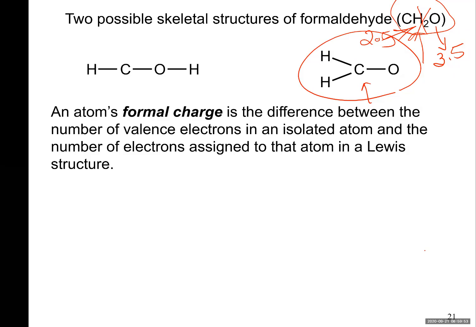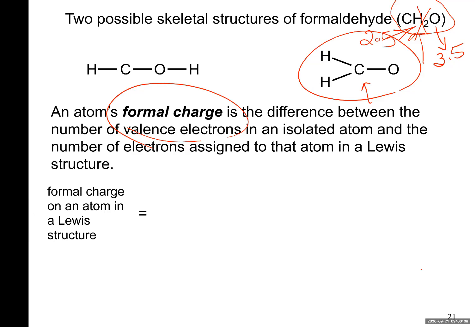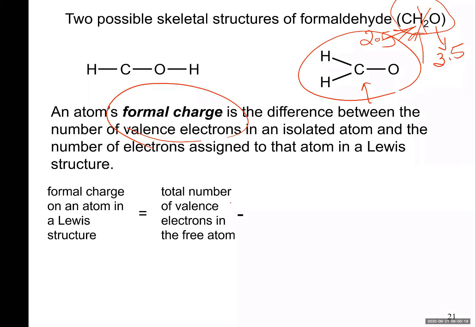Well, I'm going to define a rule which is called formal charge rule. I give you a formula. For every atom inside the molecule, we can calculate a charge. That charge is called formal charge. How do we do that? In order to calculate formal charge of an atom in a Lewis structure, we write total number of valence electrons in the free atom, the same way that you know total number of valence electrons of carbon is 4, because it's in group 4A.